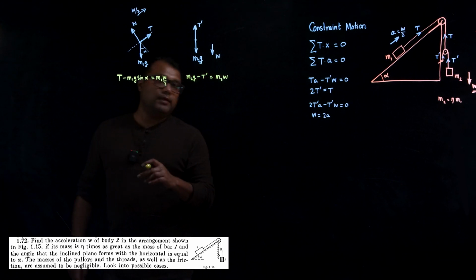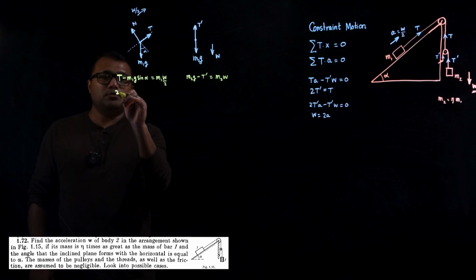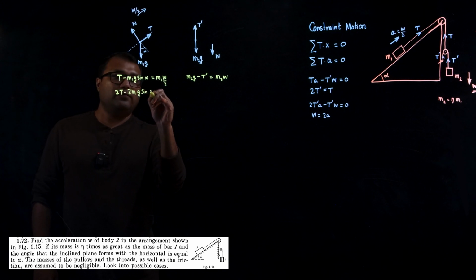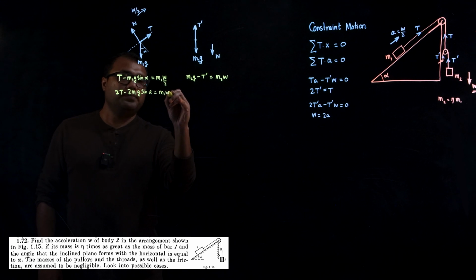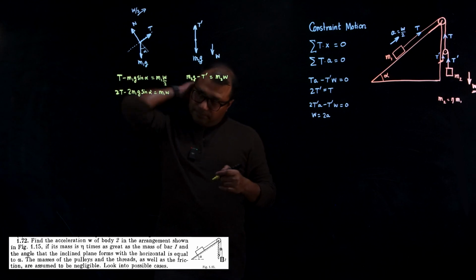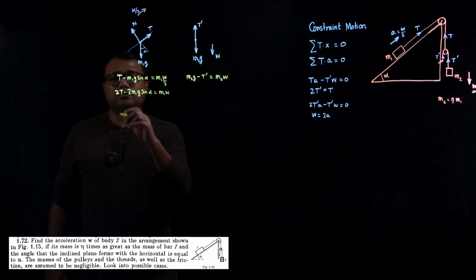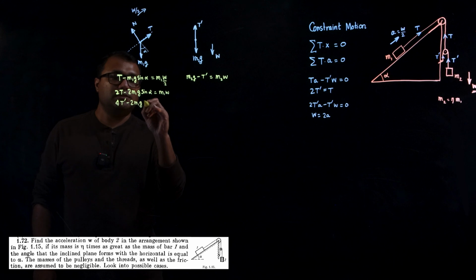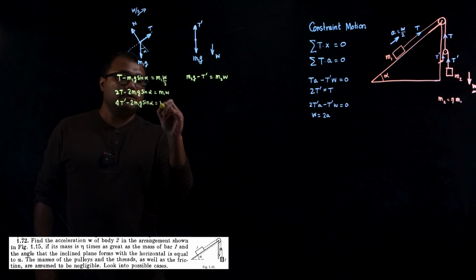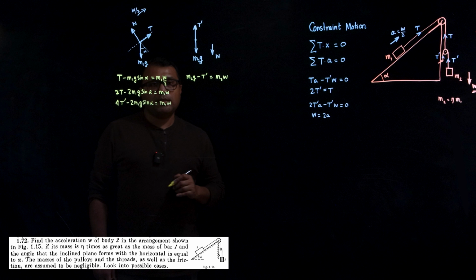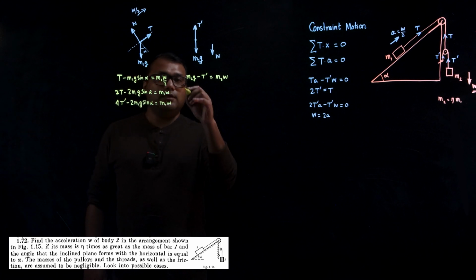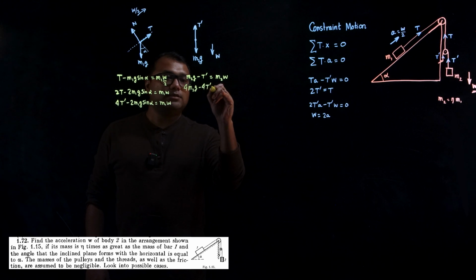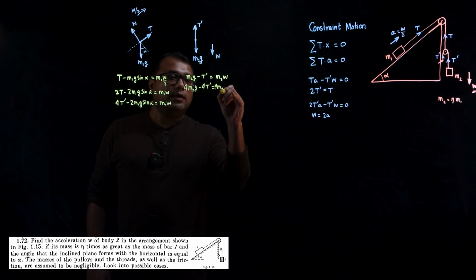So let's multiply by 2: 2T minus 2M1G sine alpha equals M1W. Now T is 2T dashed, so 4T dashed minus 2M1G sine alpha equals M1W. Now if I multiply the other equation by 4, it becomes 4M2G minus 4T dashed equals 4M2W.